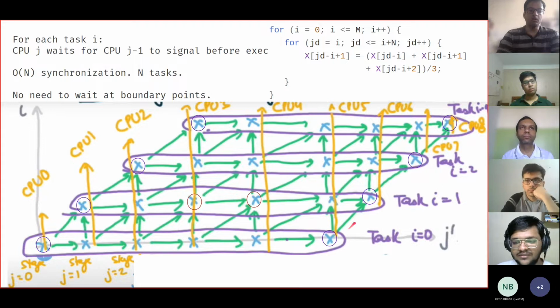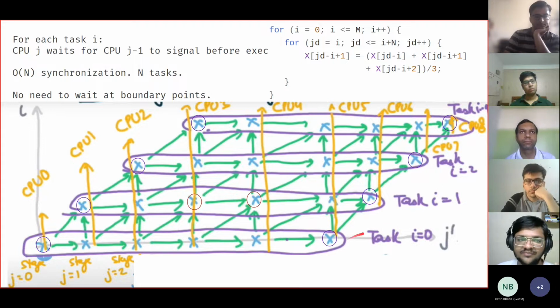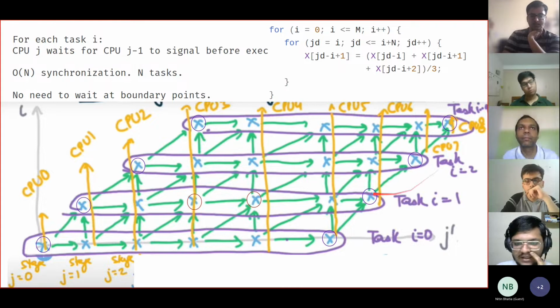Now here we also get O(n) synchronization because we have divided this loop into n tasks.